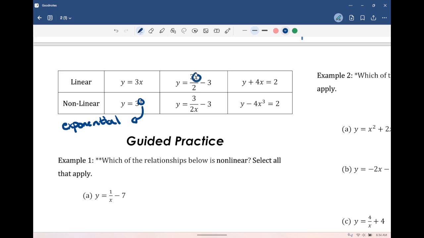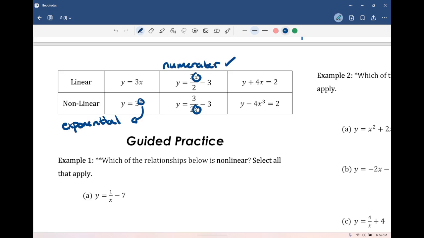Notice the difference, please. In this top linear equation, x is in the what, Amir? It is in the numerator.